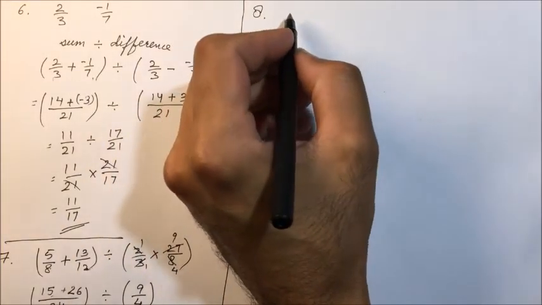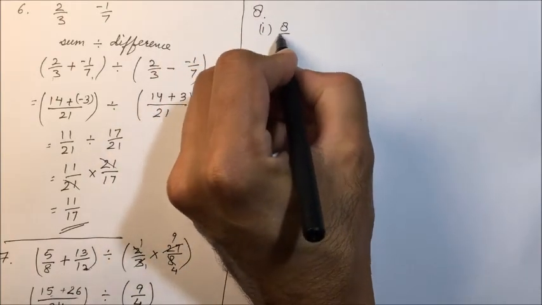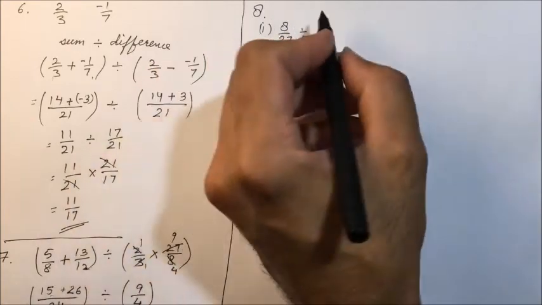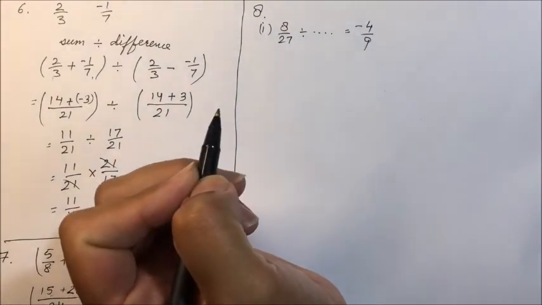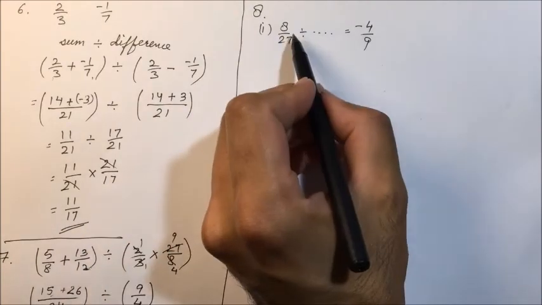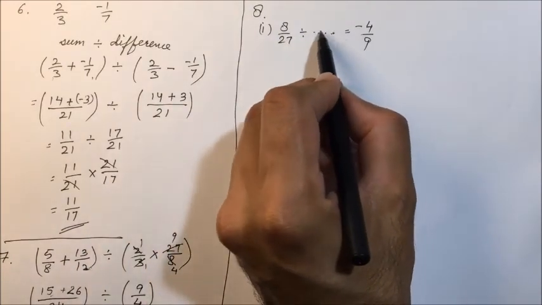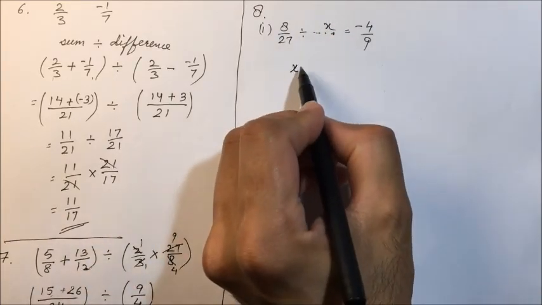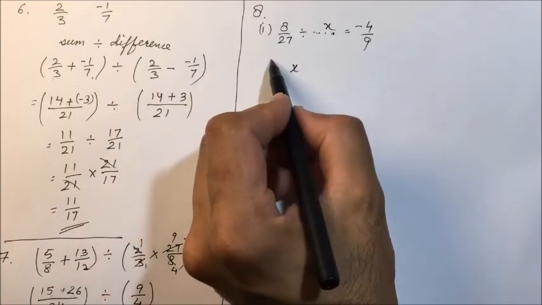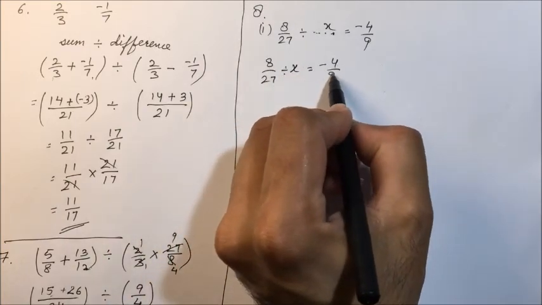Now the 8th question, first we have to fill in the blanks. It is given, first one, 8 upon 27 divided by blank equals minus 4 upon 9. Try to solve it. We have to find that number, let it be x. So 8 upon 27 divided by x equals minus 4 upon 9.